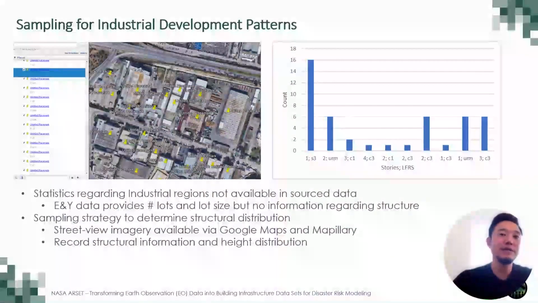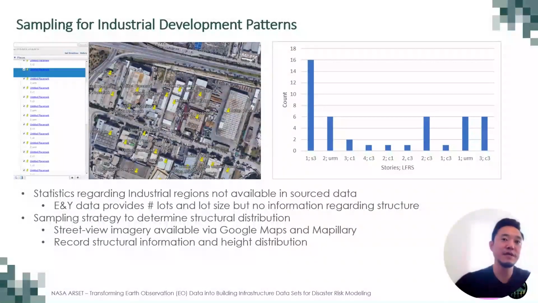So where we didn't have any census data or field survey data from previous studies, we needed to do essentially a stratified sampling strategy to come up with these mapping schemes. This was only done for the industrial development patterns. Although the Ernst & Young and World Bank data provide a number of lots and lot sizes, there's no information regarding the structural type.